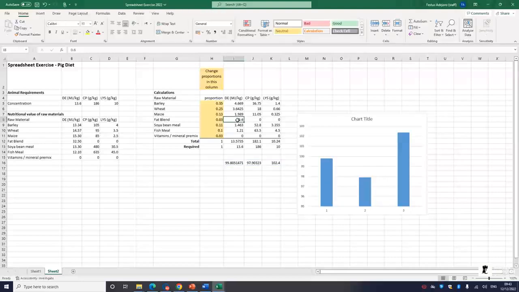Let's even say this is a 0.63. The energy requirement of the animal was met 100%, or at least nearly 100%, whereas you have met or exceeded the lysine requirement and you have not met the crude protein requirement of the animal.